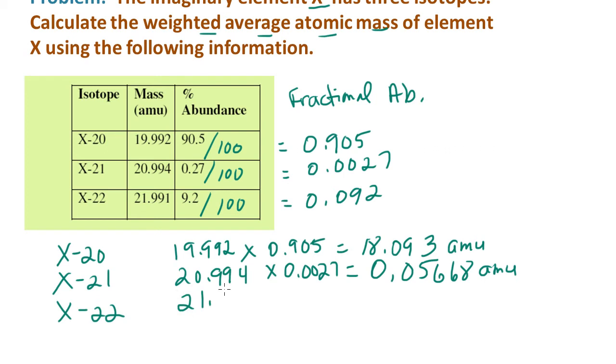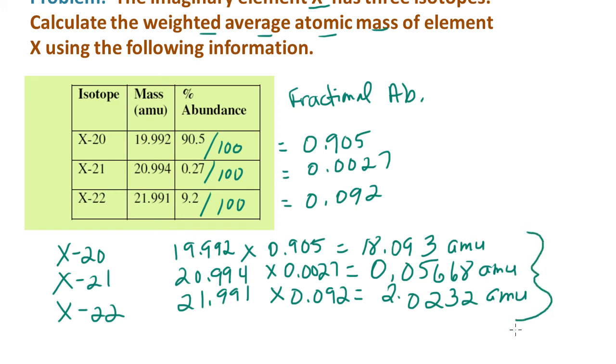And let's do the same thing for X22. We have 21.991 atomic mass units times the fractional abundance, 0.092, and I end up with 2.0232 atomic mass units. Now what I want to do is add these three values, and that will give me the weighted average atomic mass of the element.